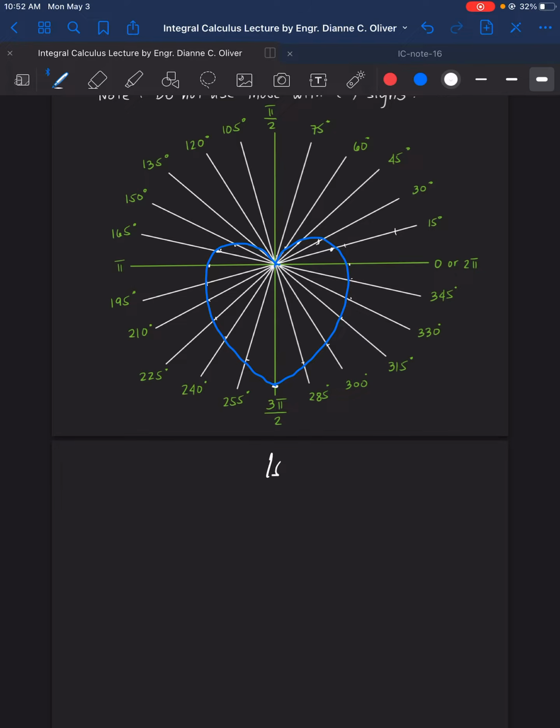Okay, so there's a solution here. We can have the first solution, but first we need to put the formula, one half integral of r squared d theta from alpha to beta. For the first solution, we will be taking half of the heart.